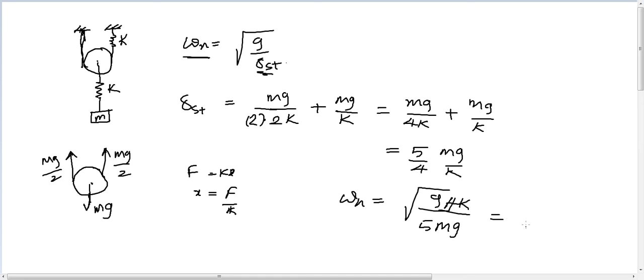This is nothing but the square root of 4 by 5 times k by m. This is the natural frequency of this spring mass system.